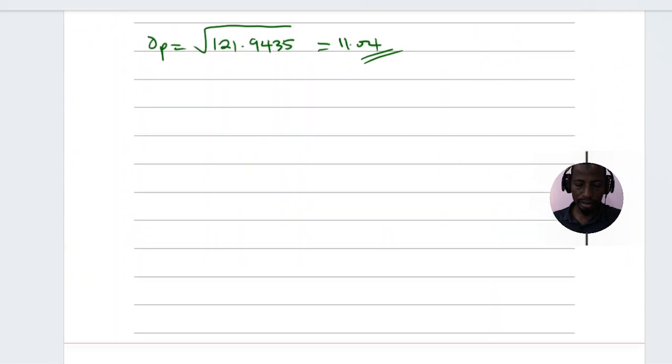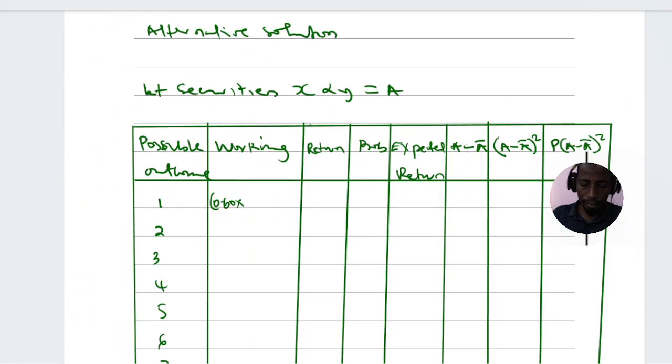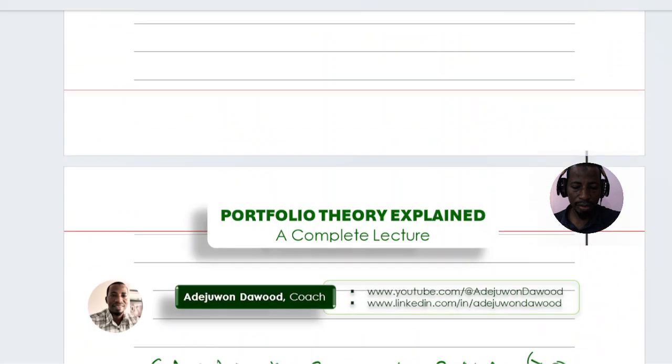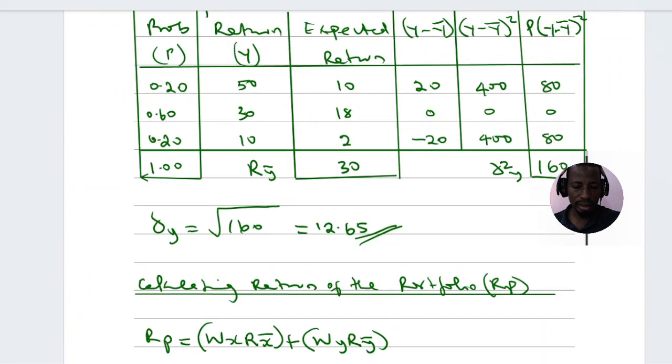The return is 30. So multiply by 30. Let me put it on top because of space. 0.60 multiplied by 30 plus return of security Y. 0.4, we invested 40% on Y multiplied by return of security Y. For the first probability is 50. Is 50.